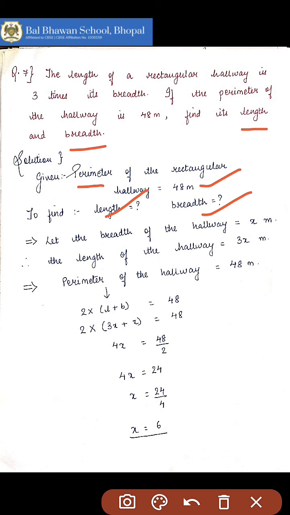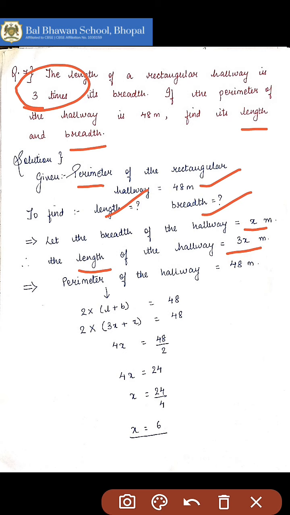Now both the things are unknown, but there is a relationship between the length and the breadth which is given to you. So if we assume that let the breadth of the hallway be x meters, then as the length of the hallway is 3 times its breadth, the length will become 3 into x, that is 3x.